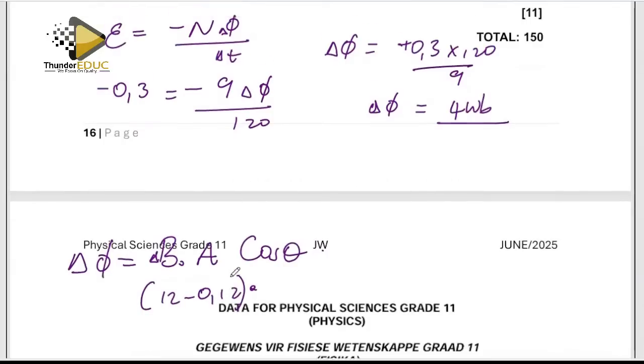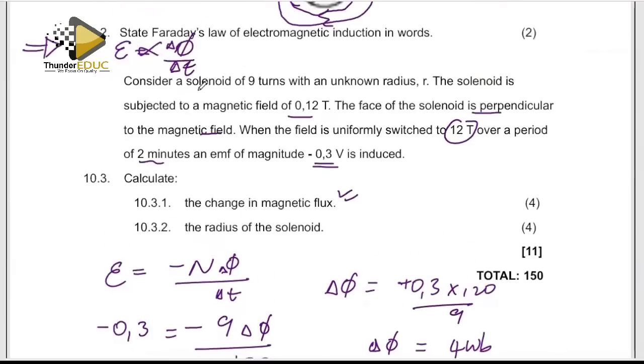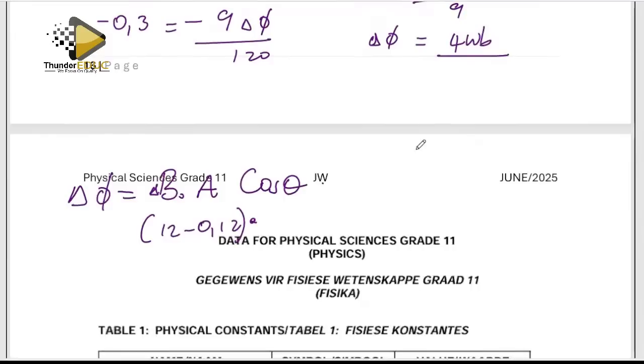What shape are we talking about? Consider a solenoid with a radius, which means it is circular in nature. So that's going to be pi radius squared and then the cos of 0. This must give us the answer that we got, which is the 4 Weber.